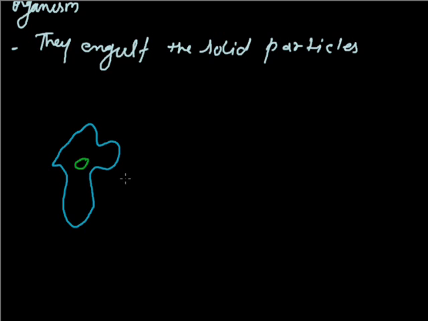Suppose that food content is coming from outside the body. How will the amoeba get the food? First, it will form pseudopodia, and the food will be held by this part.